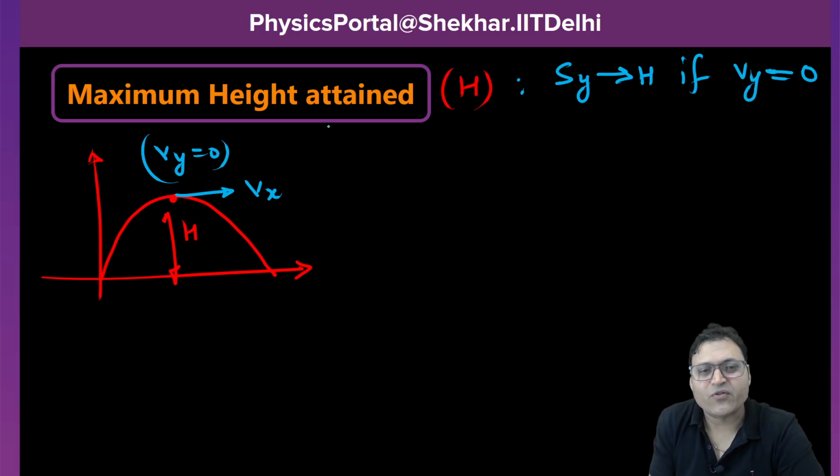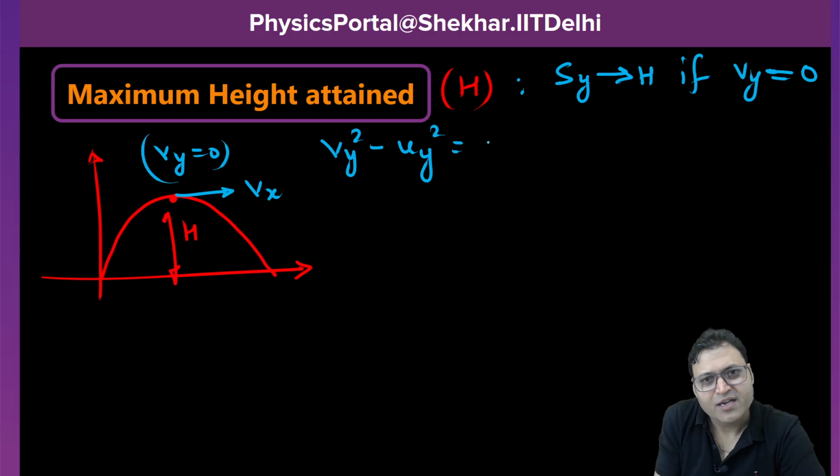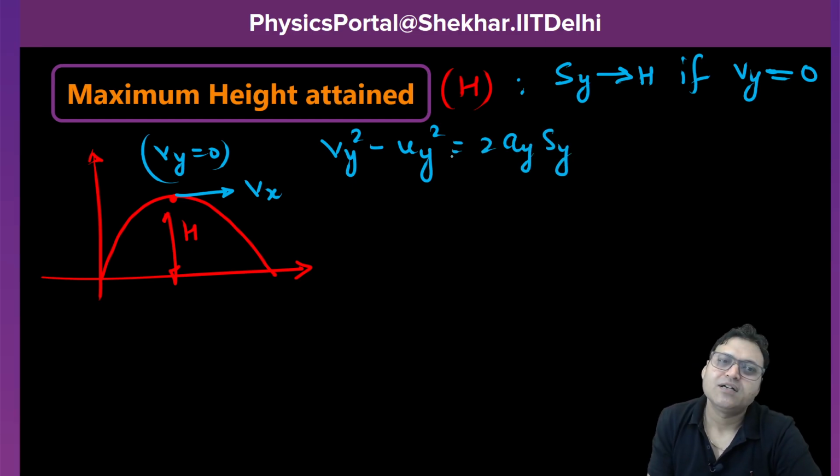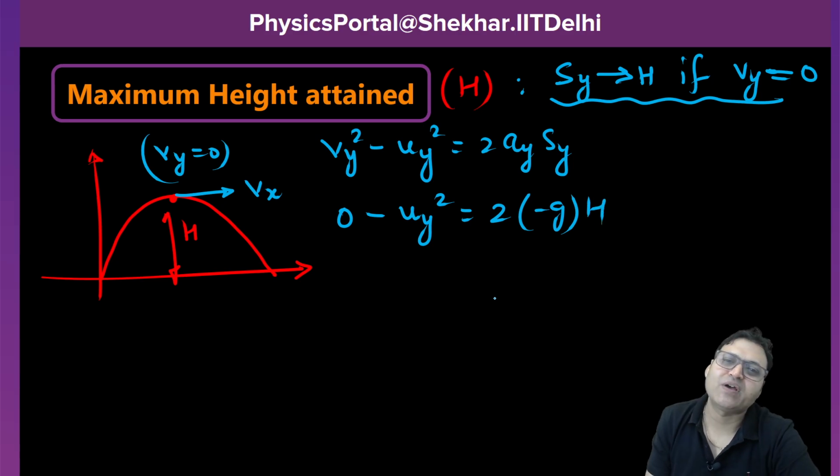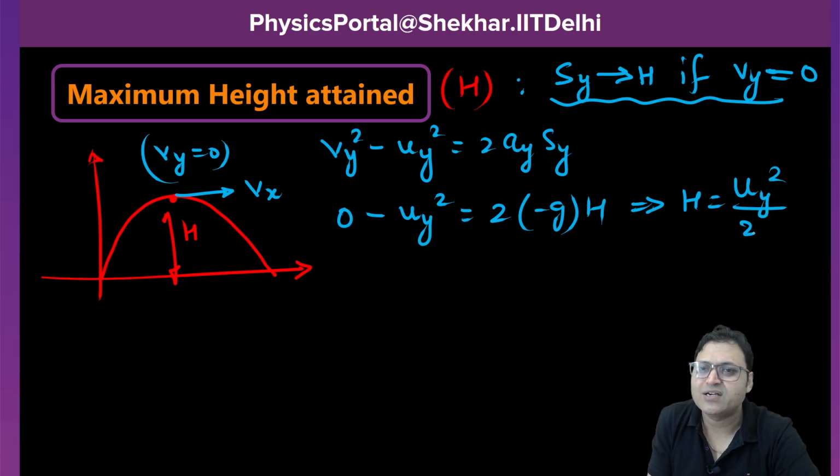We can apply the equation of motion: vy square minus uy square is equal to 2 ay into sy. So 0 minus uy square is equal to 2, ay is minus g, and sy becomes h. So h will be equal to uy square by 2g.